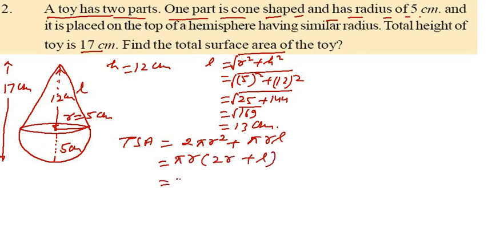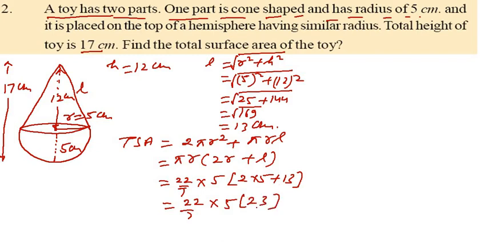Now put the value: pi is 22 upon 7 and r is given as 5, and here is 2 into 5 and l is 13. So here is 22 upon 7, 5, and you can see here 2 into 5 is 10 and 13, that is 23.